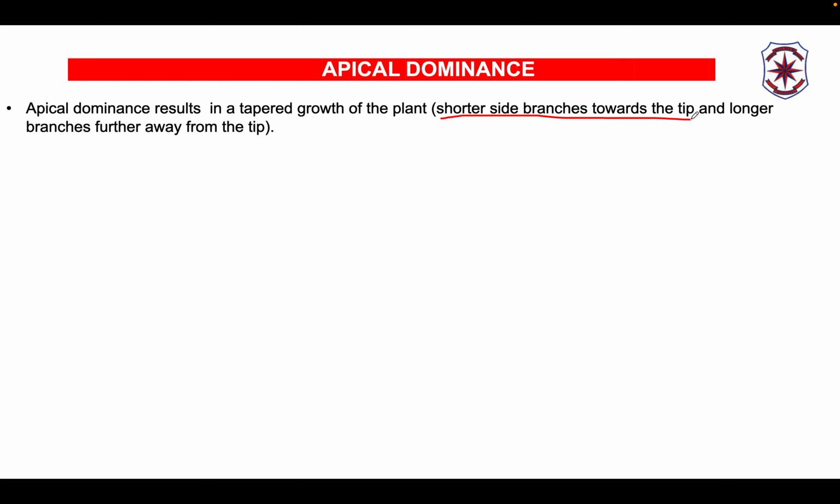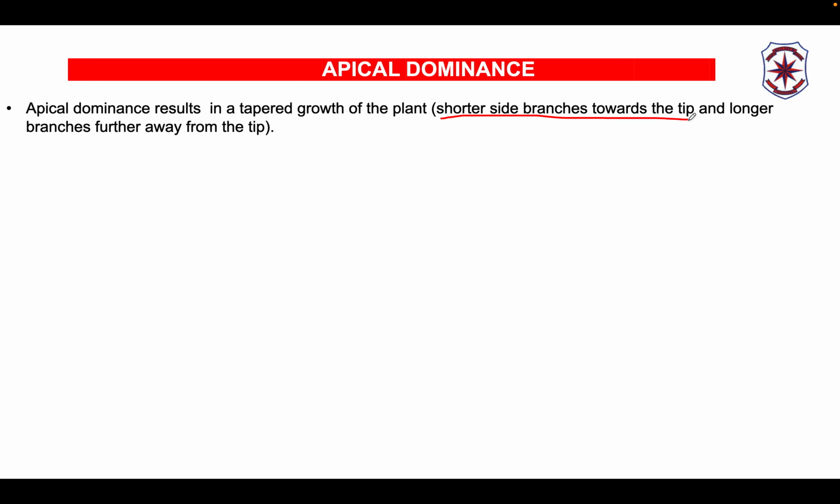Because remember, towards the tip, that's where we have the greatest concentration of auxins. And then when we have the greatest concentration of auxins towards the tip, it means that the side branches, or rather the lateral buds, become more inactive.